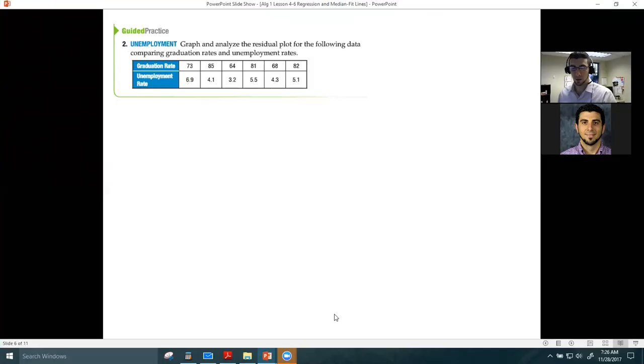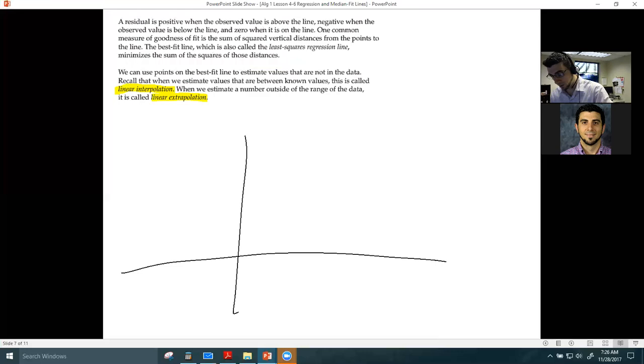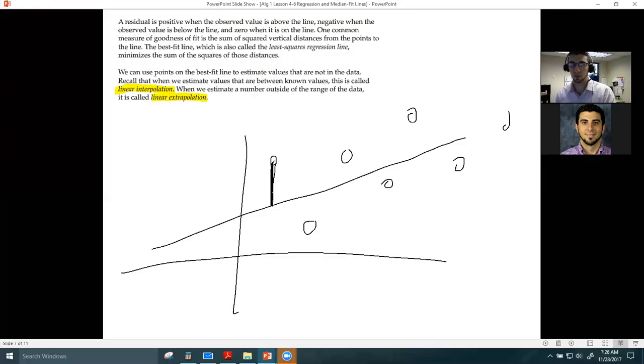Okay. All right, a residual is positive when the observed value is above the line, negative when the observed value is below the line. So let's just do an example here. If you have your best fit line and you have your scatter plot like this, the distance right here is called the residual.